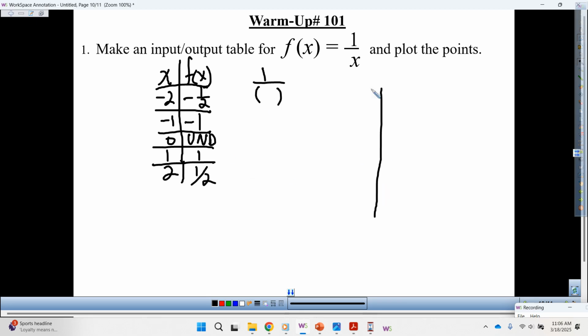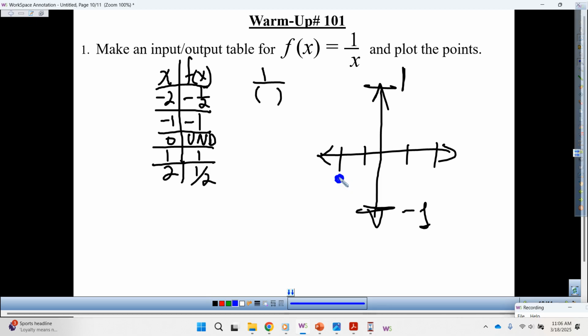To graph that, here we go, -2, we got 1, 2, 1, 2. This is -1. This is +1. So, -2, 1/2, or -1/2. -1, -1.